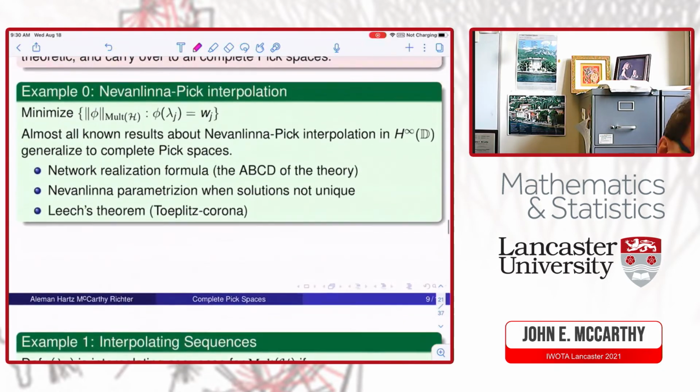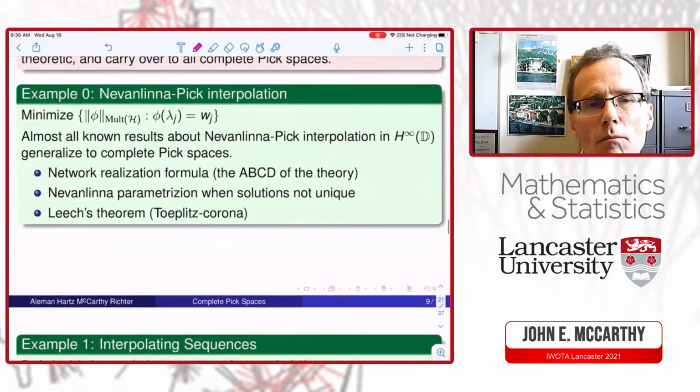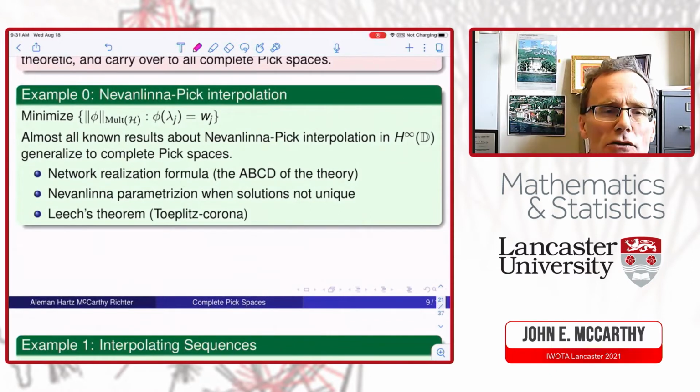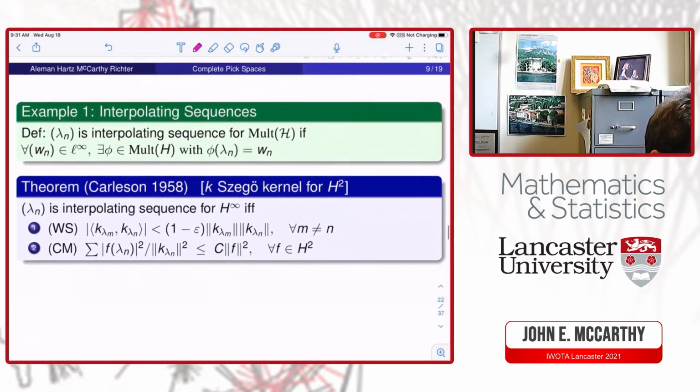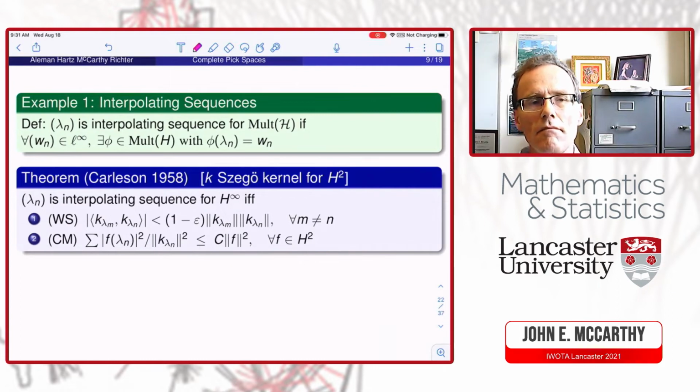But as I say, in some sense, this shouldn't really be considered an example because the complete Pick property is defined in terms of behaving nicely with respect to interpolation problems. So let me give some other examples. First one I'll give is interpolating sequences. So first, let me give a definition.